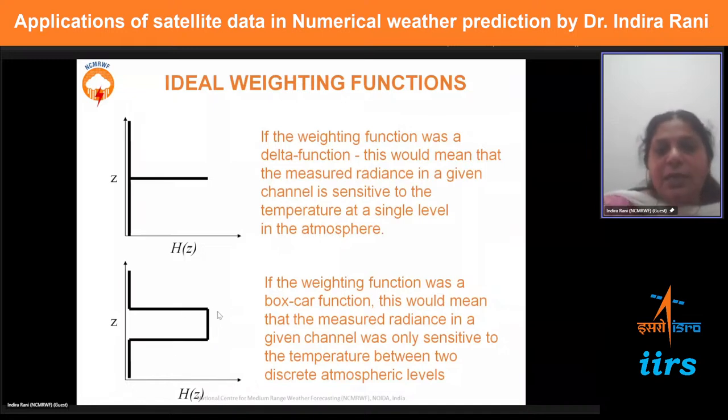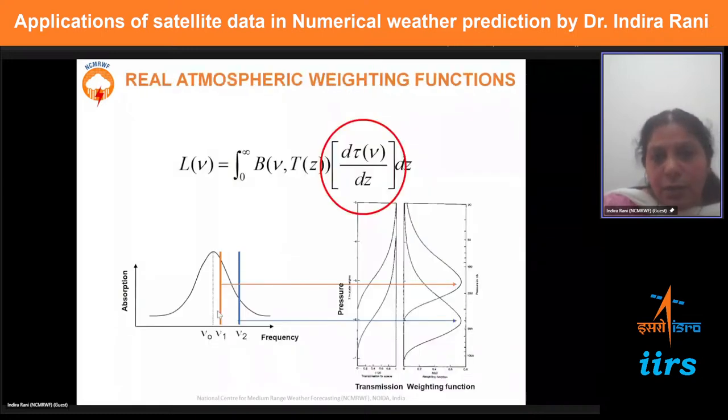But in the actual case, the weighting function is neither a delta function nor a boxcar function. The real atmospheric weighting functions are like this. We have the frequency and the absorption, then the different frequency ranges: nu 0, nu 1, nu 2 are the different frequencies.